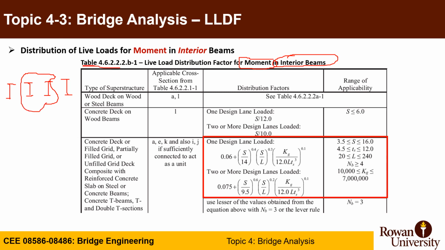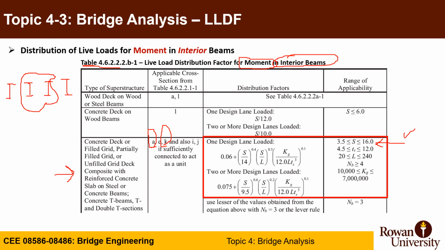The table actually gives you the applicability of the cross section. So section A and section K is under this row, and you have to use it. You have a range of applicability. The spacing between the girders has to be between 3.5 to 16 feet in order to be applicable.